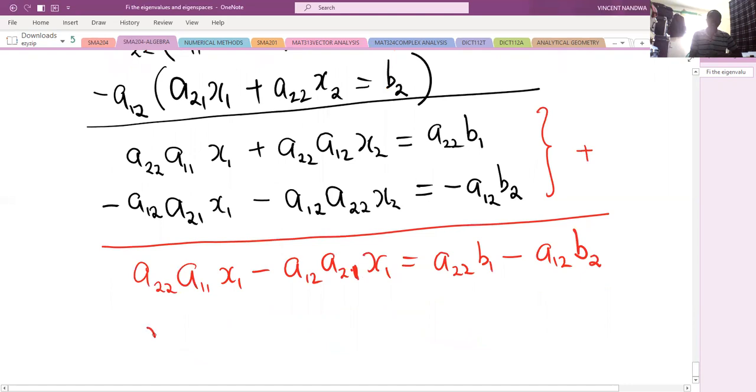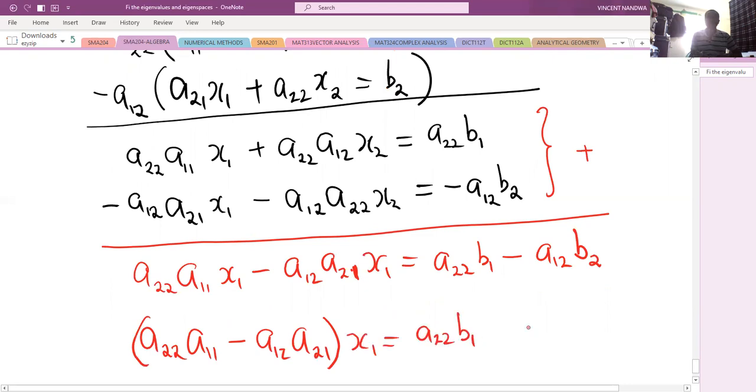Which means a22 a11 minus a12 a21 times x1 equals a22 b1 minus a12 b2.